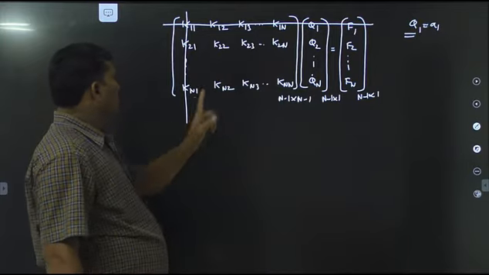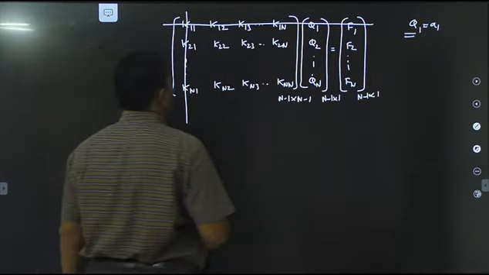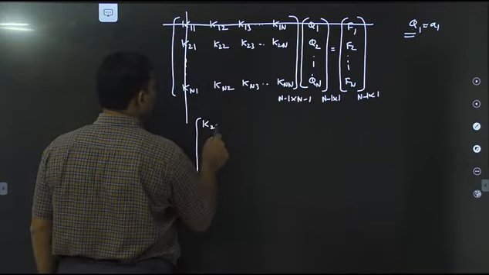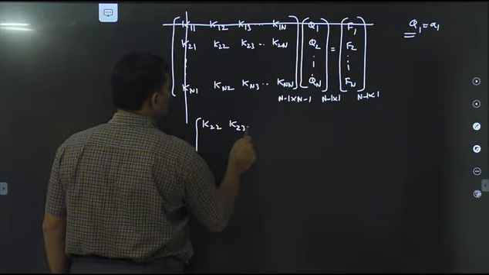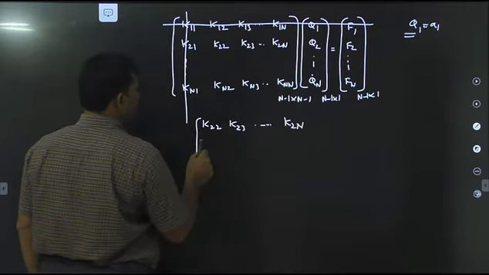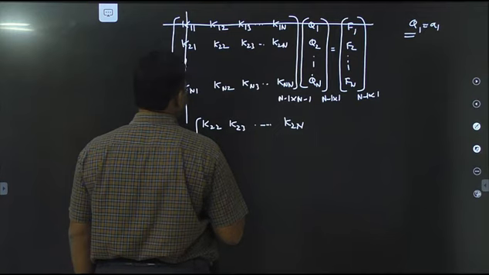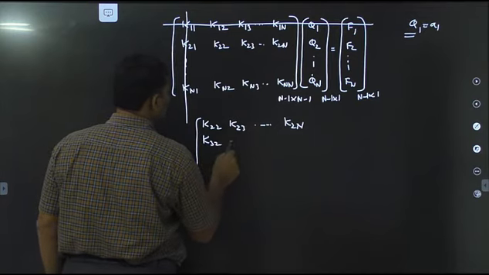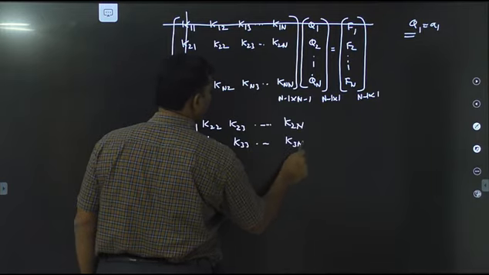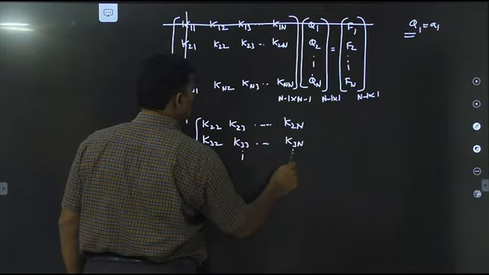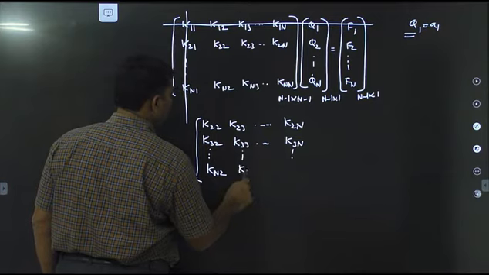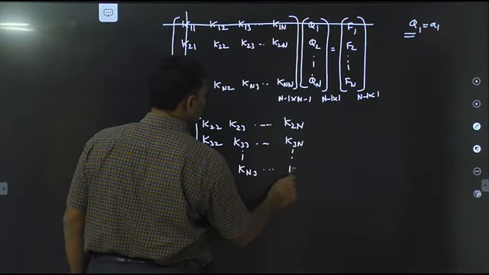Now, how do you write the remaining? Like this. A matrix having the elements K22, K23, K24 and so on, K2n. Next K32, K33 and so on, it ends with K3n. And ultimately, the last row: Kn2, next Kn3, and so on, ends with Knn.